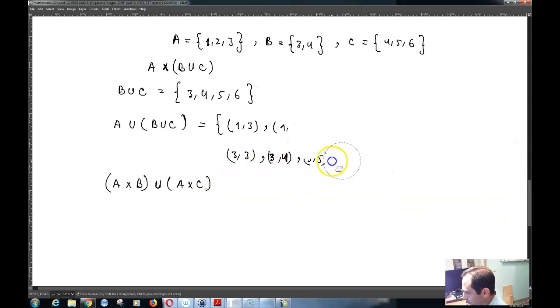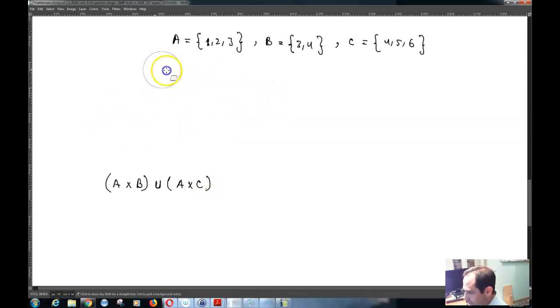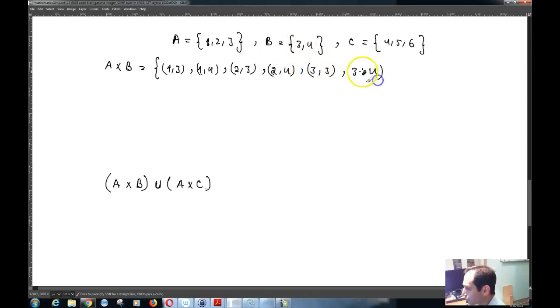First, the Cartesian product of A and B is the Cartesian product of these two sets, which is (1, 3), (1, 4), (2, 3), (2, 4), (3, 3), and (3, 4).